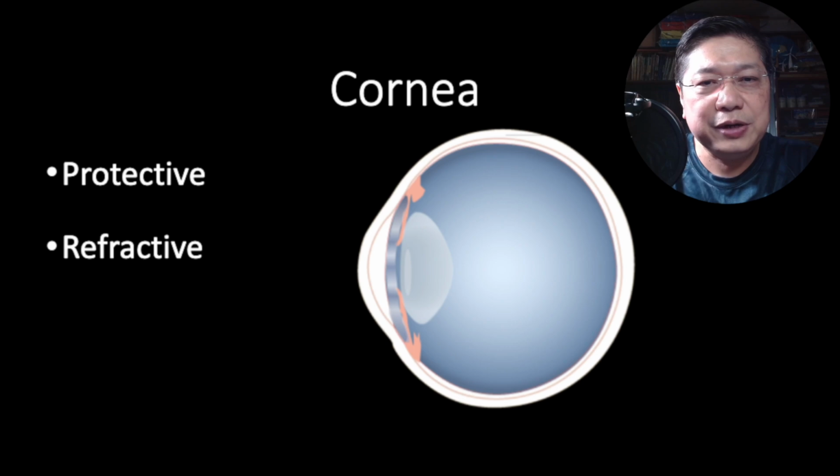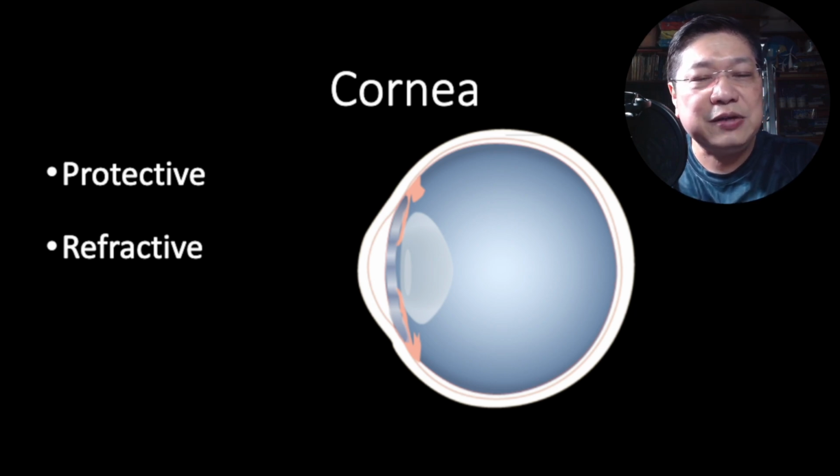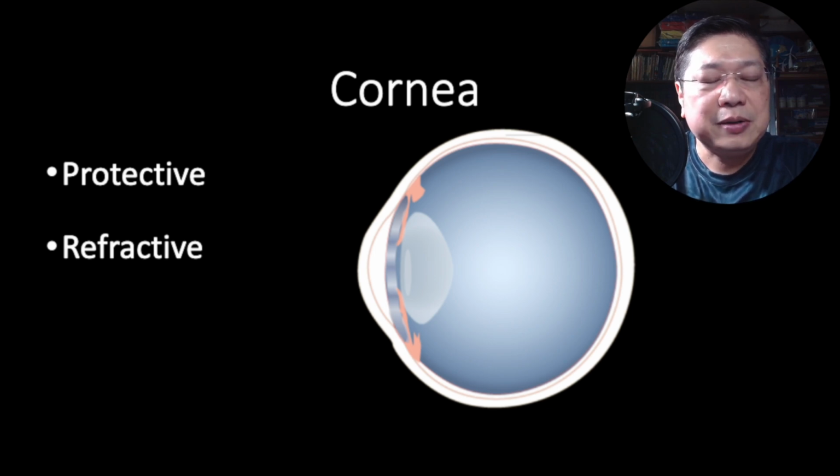Next is actually one of the more important parts of your eye, the cornea. It has several roles. It's protective and it's refractive. Protective because it serves as a defense of your eye. The behavior of the cornea is actually one of the more perplexing, more confusing behaviors of the eye.